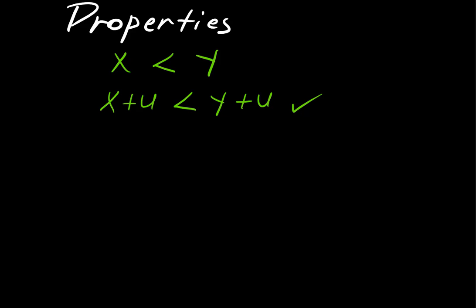For the next one, we have a very important property. People miss this one when we multiply by -1.